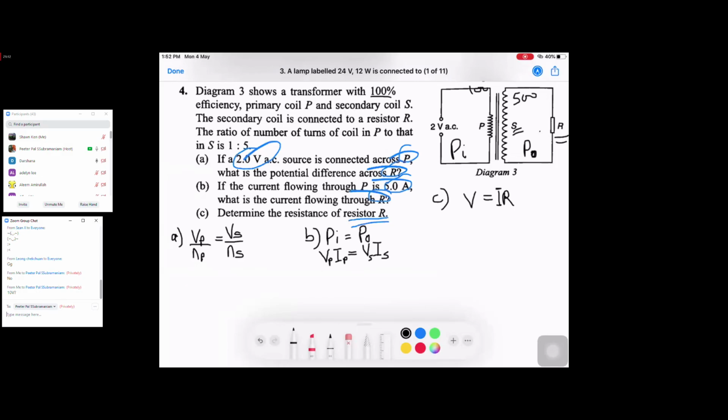Teacher, I know the primary voltage is 2 and the number of coil we need to take is 100. You can take 1 to 5. I can take 1 to 5, like 100 and 500 I can take. Okay, up to you.